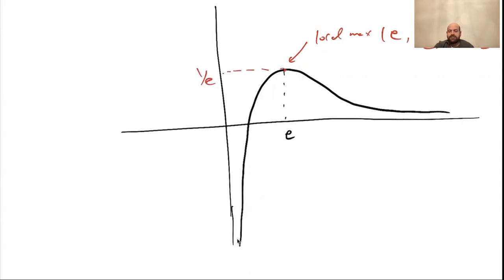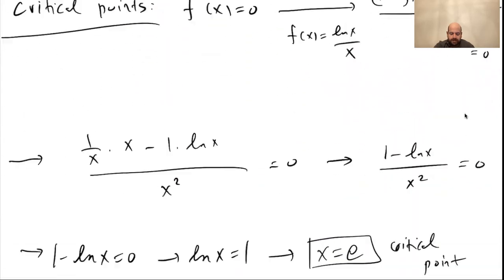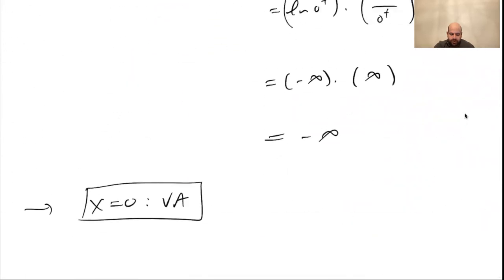So right after 0, the function starts at minus infinity, increases all the way to this point, the local max, then decreases. And remember that y equals 0 was a horizontal asymptote. So the function decreases, and as x goes to infinity, the y value approaches 0, because y equals 0 is a horizontal asymptote, from the limit as x approaches infinity.